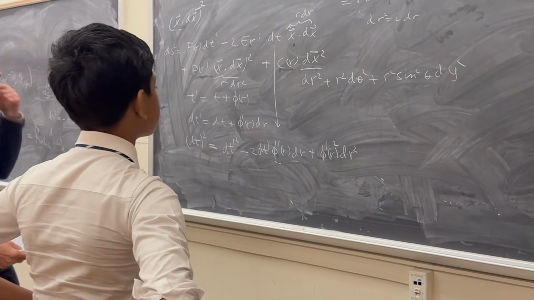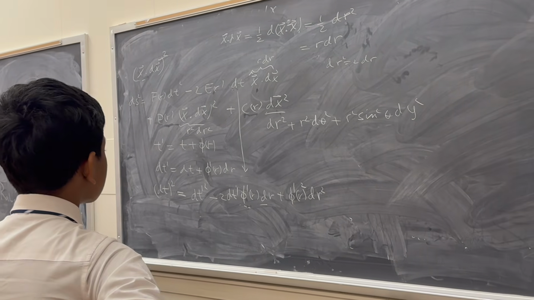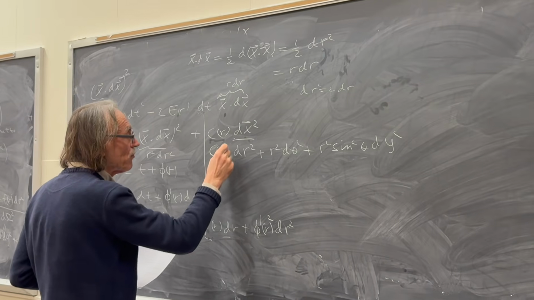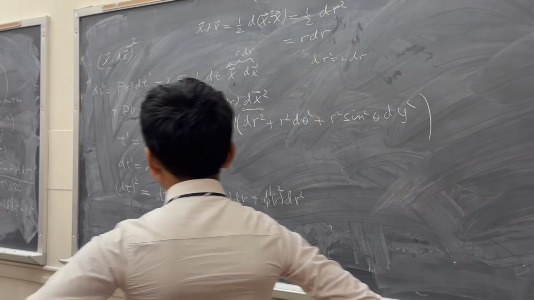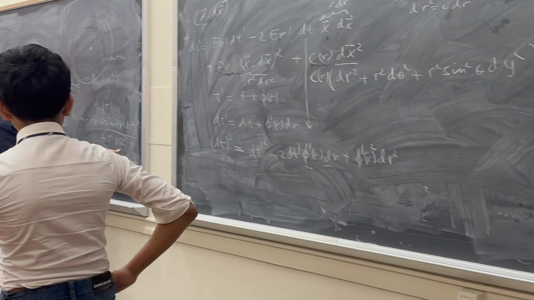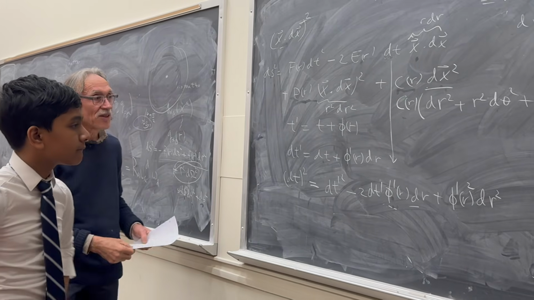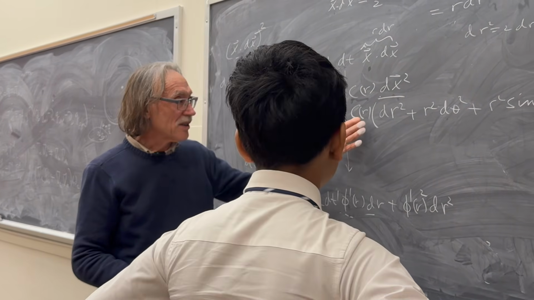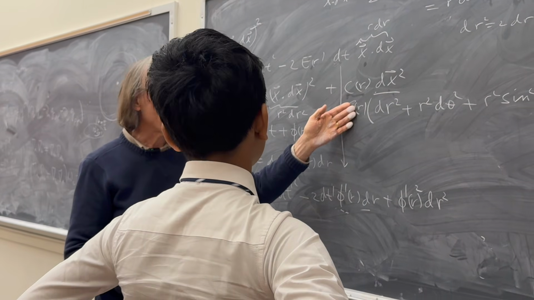Now, what can we do? What we would like to have is that it would be just r squared times d omega squared. To actually change the coordinates once more so that the prefactor for the angular part just becomes 1.